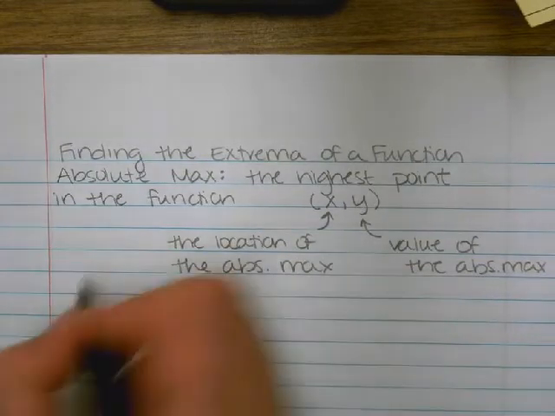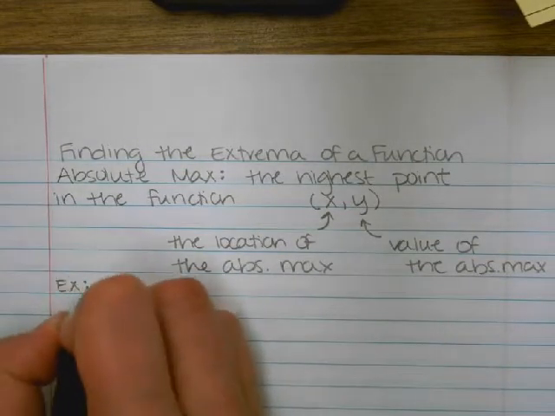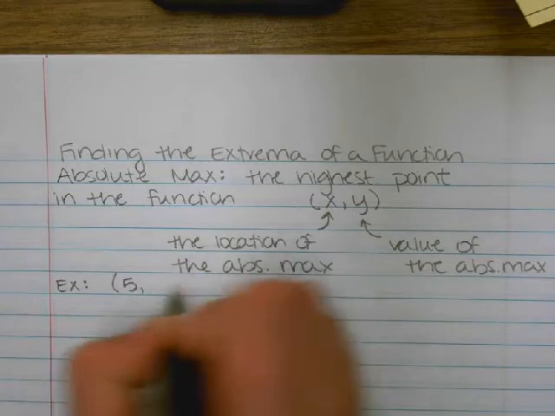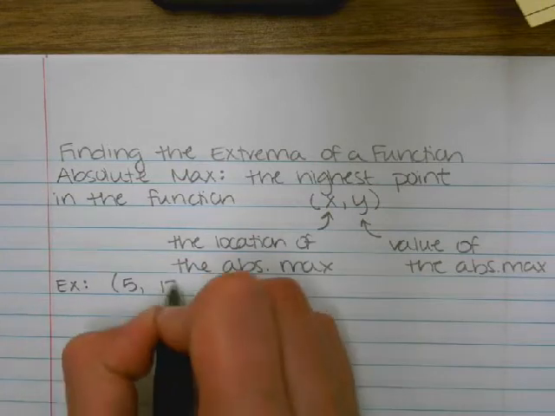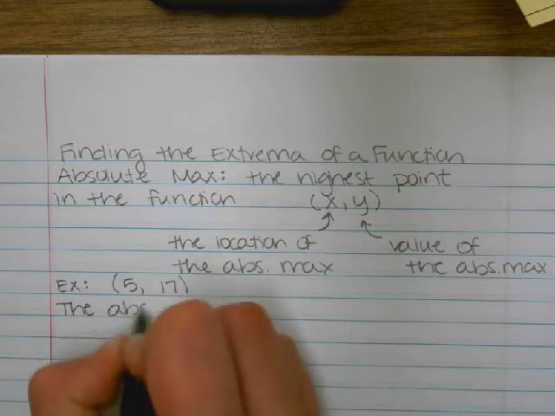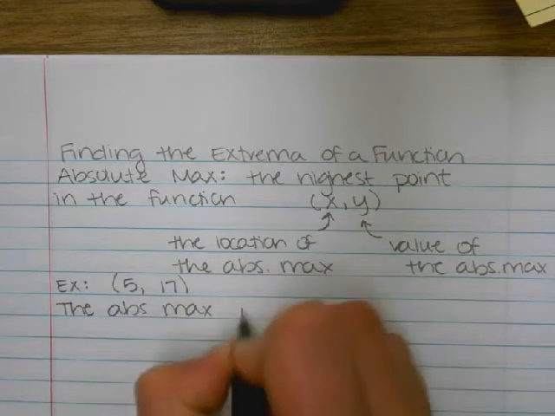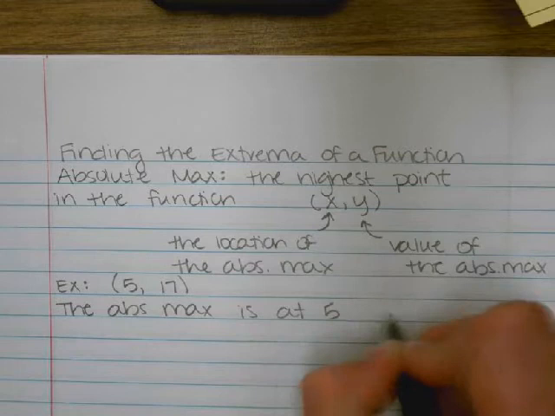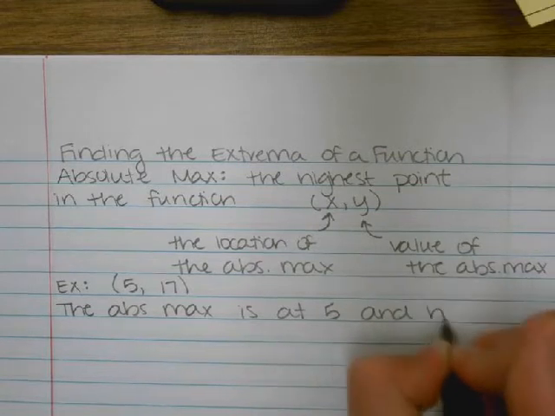So for example, if the absolute max was at (5, 17), then we would say the absolute max is at 5 and has a value of 17.